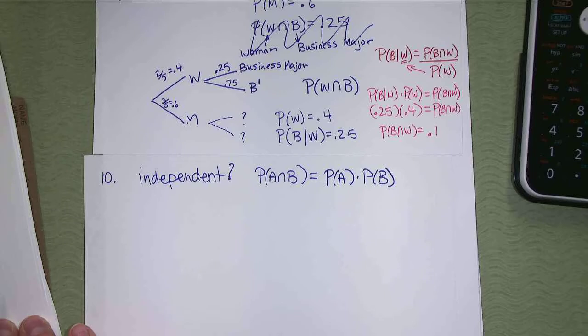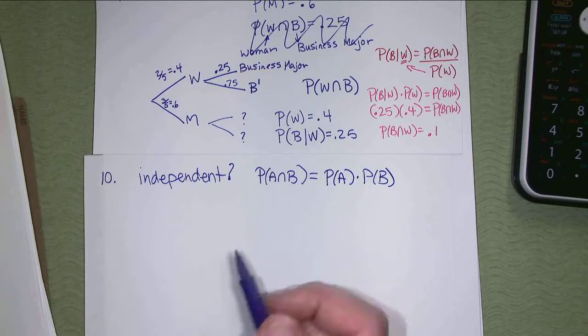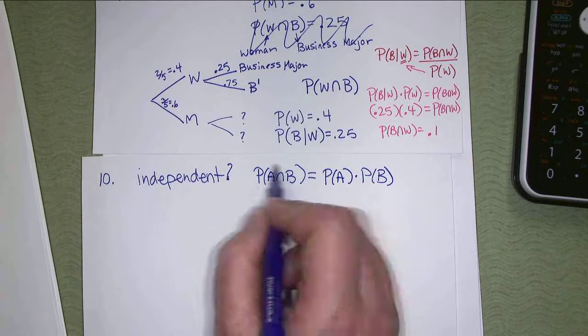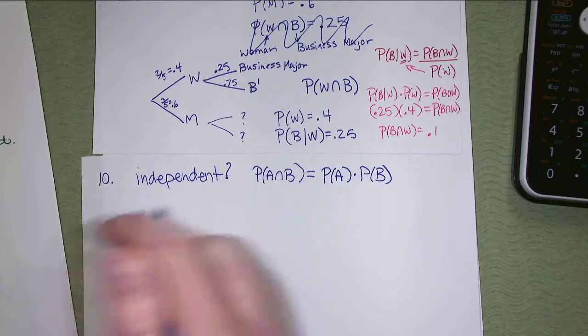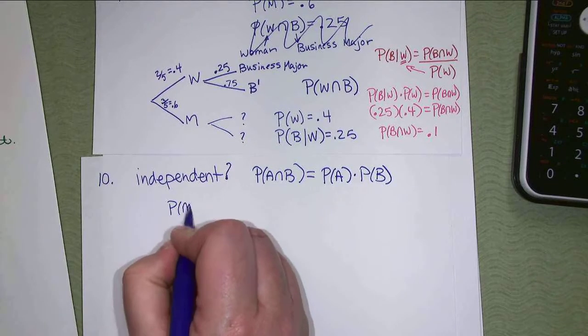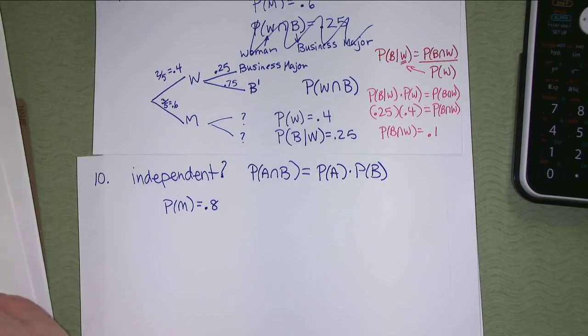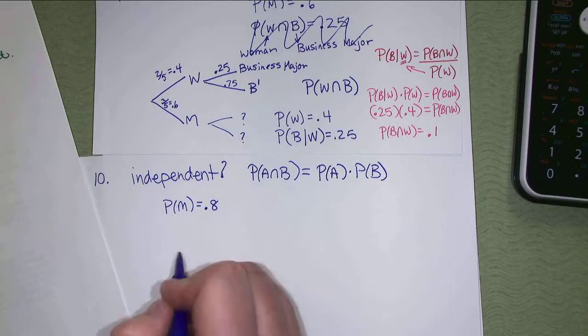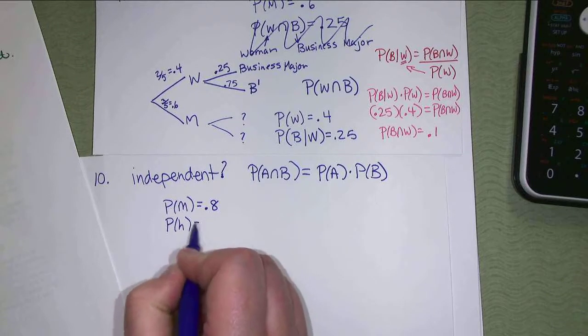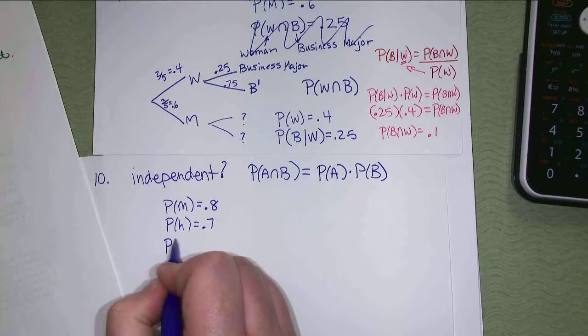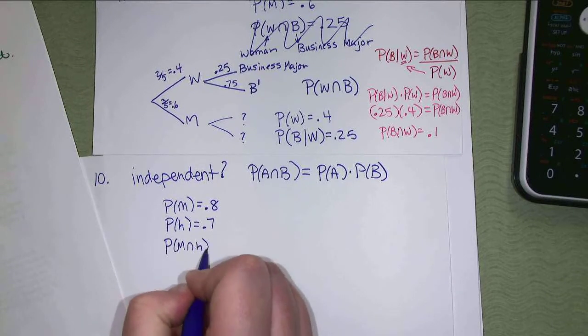Okay? But here, if we take his numbers, so we have math is 0.8, history is 0.7, and math and history is 0.9.